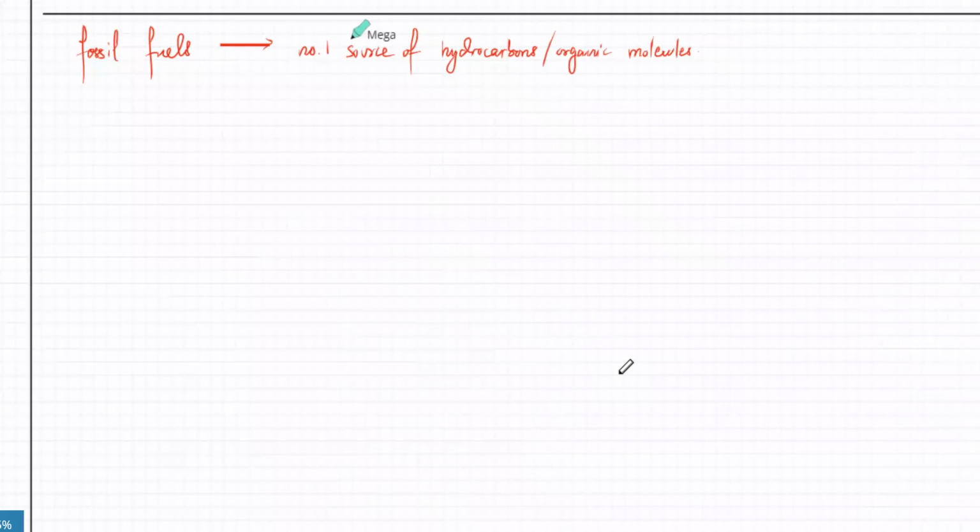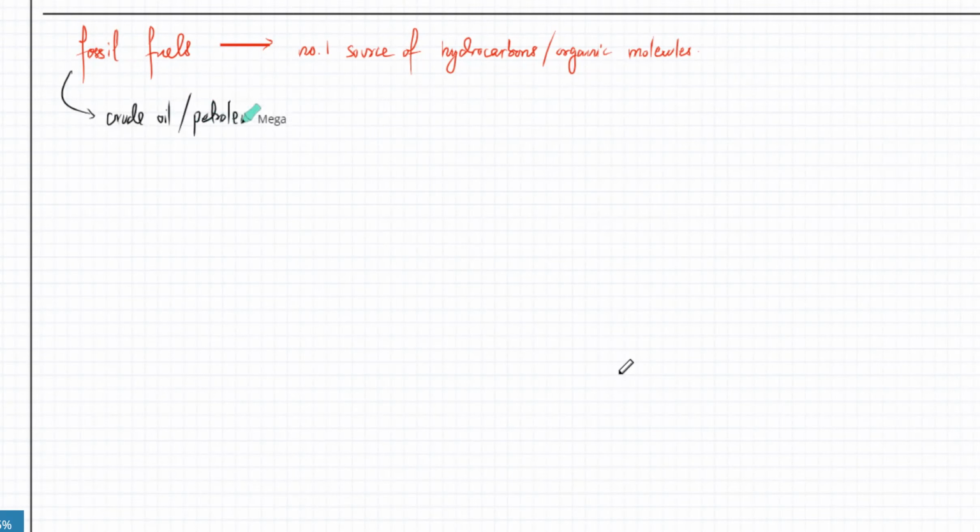Fossil fuels are normally obtained in the form of crude oil, or petroleum. So what is crude oil? Crude oil is that black, thick liquid that you must have seen in movies, when you're digging or drilling for oil.